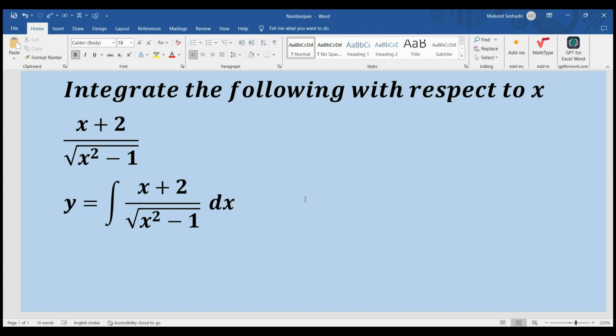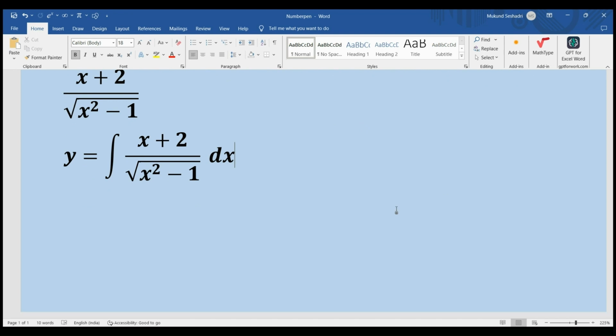But unlike the regular quadratic expressions, which are of the type ax square plus bx plus c, here the coefficient of x in the quadratic expression within the square root is a 0, right? So how do we go about solving this problem? We have a quadratic expression in the denominator, and then we have a linear expression in the numerator.